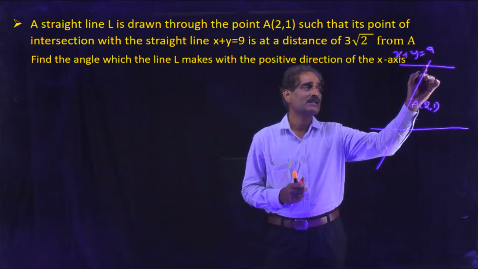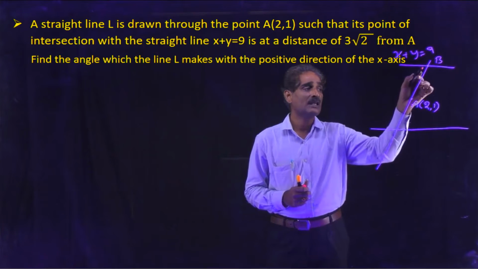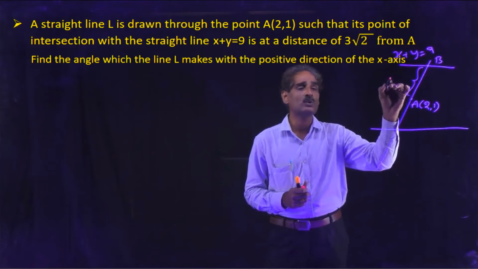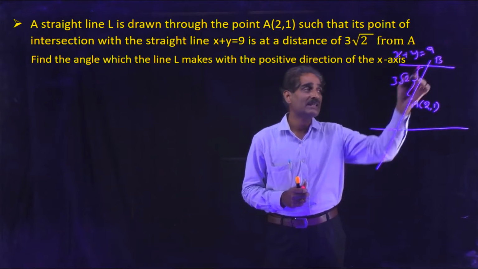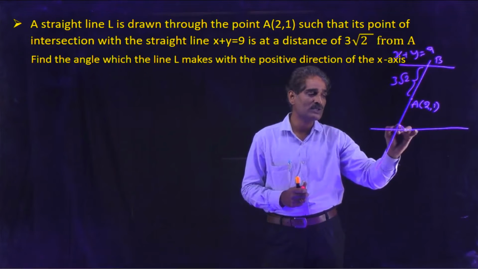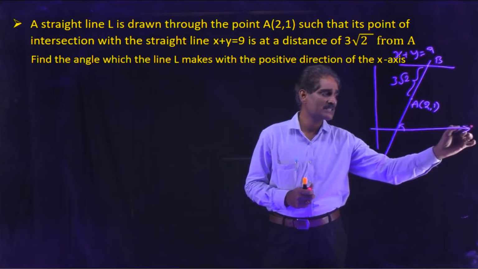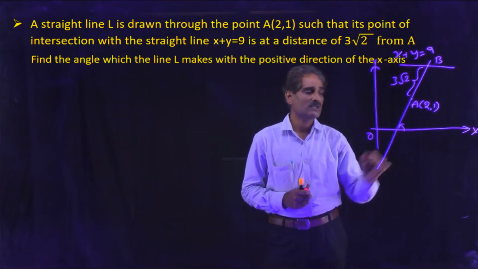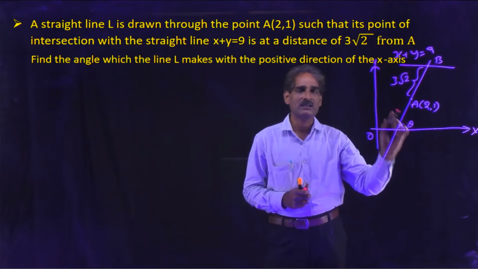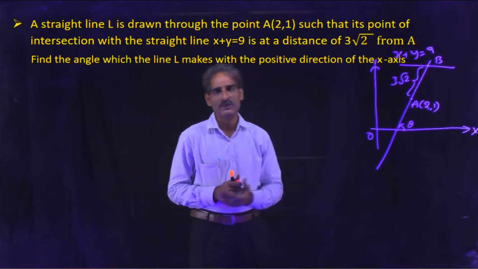That means let us take this intersection point to be B. This length is equal to 3 root 2. Find the angle made by this line with the positive direction of the x-axis. Let us consider this is the x-axis, this is the y-axis, and this is the origin. Here we have to find this angle. Let theta be the required angle. We want to find theta.